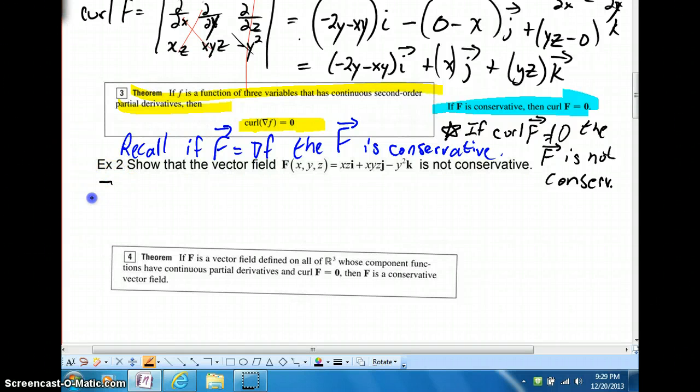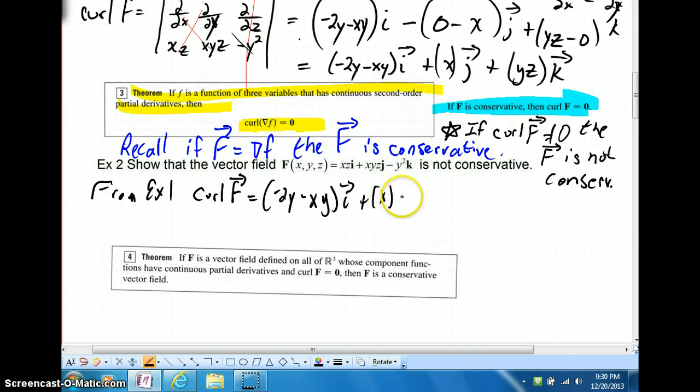Well, from example 1, we know that the curl of vector field F was negative 2y minus xy i plus x times vector j plus yz times vector k.